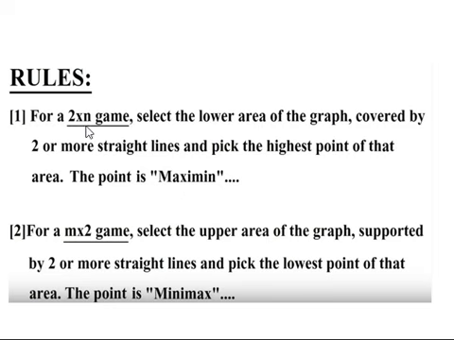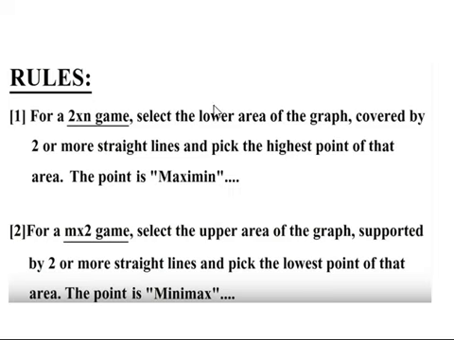For a 2 cross n game, which we discussed in the previous lecture video session, we need to observe the lower portion of the graph, and there we need to observe the highest peak point.